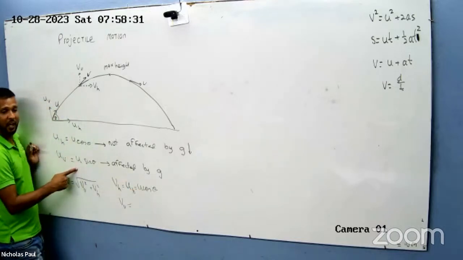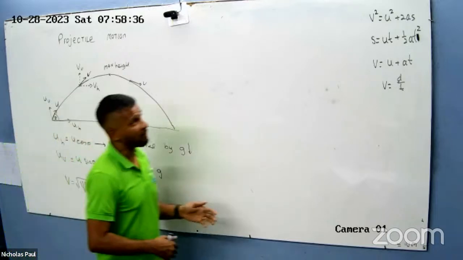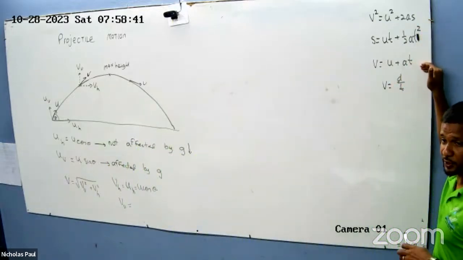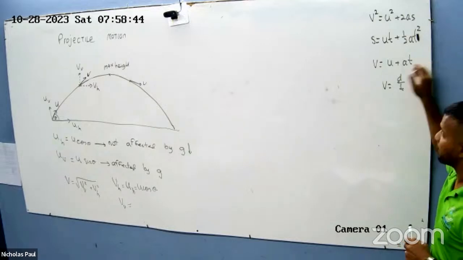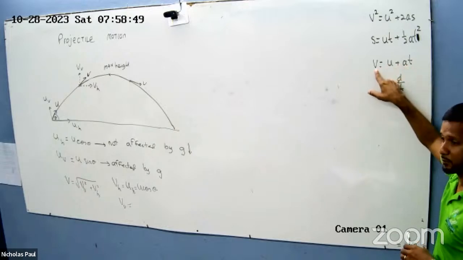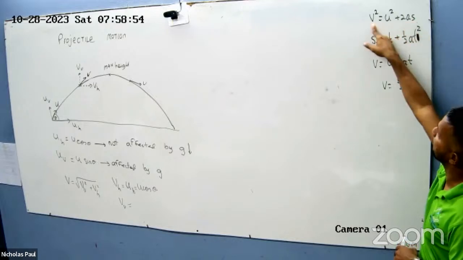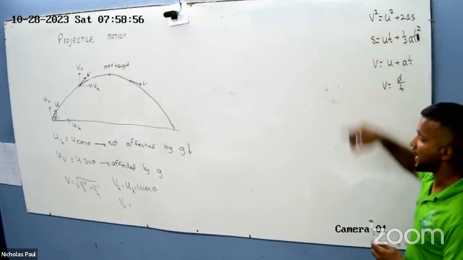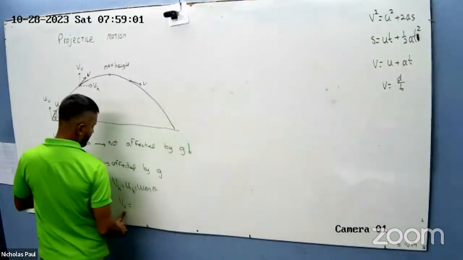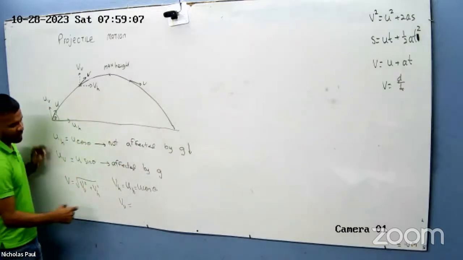But the vertical velocity is affected by gravity. That's okay? So if it's affected by gravity, we could use any one of these equations to find its change. Given the initial velocity, it's affected by gravity, and we can find this. Same thing here: it's affected by gravity and displacement, and we can find it. So if I ask you now to find the vertical component of velocity, we could use equation 3.